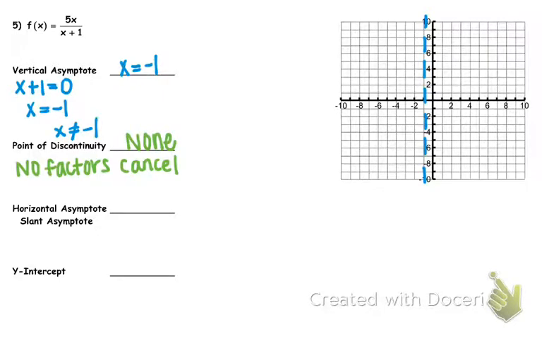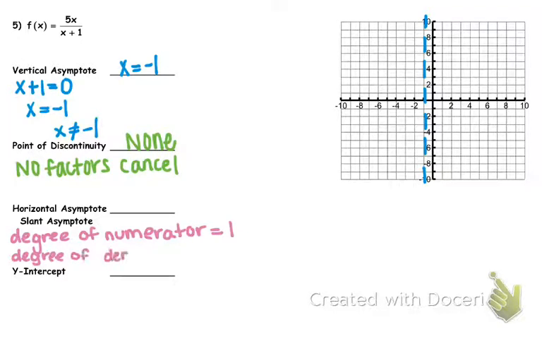Next, we need to figure out our horizontal asymptote to help determine our end behavior. The degree of the numerator is 1, because 5x is to the first power, and the degree of the denominator is also 1, because x is raised to the first power. Because the degree of the numerator is the same as the degree of the denominator, we're going to divide our leading coefficients to determine the horizontal asymptote.